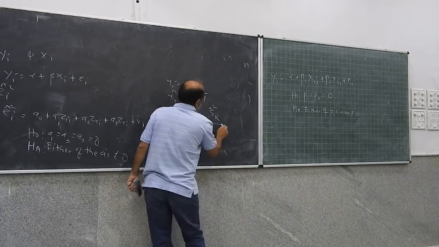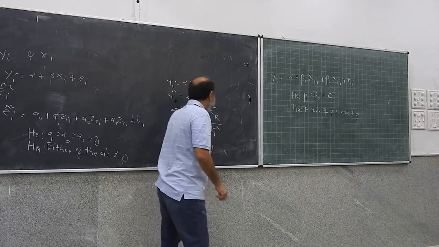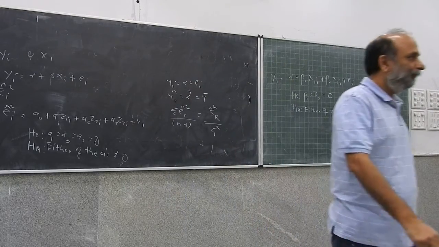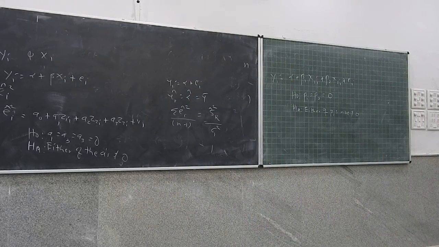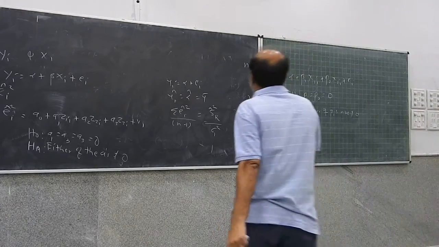Let the population variance be S1 square.